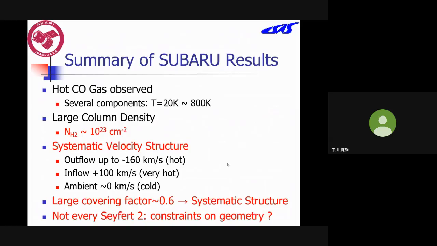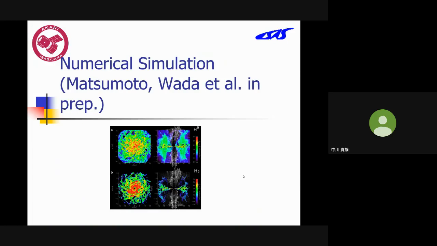So this is not a random distribution of material. We should have a very systematic structure to make this very deep absorption. Another puzzle is that not every ULIRG shows this absorption, so the number of sources which we could really observe is very limited.